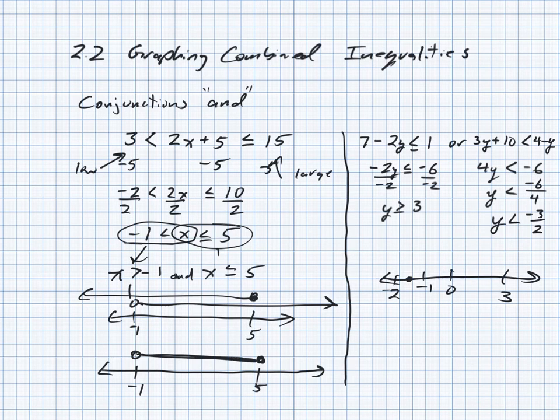Let's graph these separately: y is bigger than or equal to 3, and y is less than negative 3/2. So it's a hollow dot going in this direction, and in fact, that is the graph. It's a disjunction, so it can be either less than negative 1.5 or greater than 3. So both graphs are part of the graph.